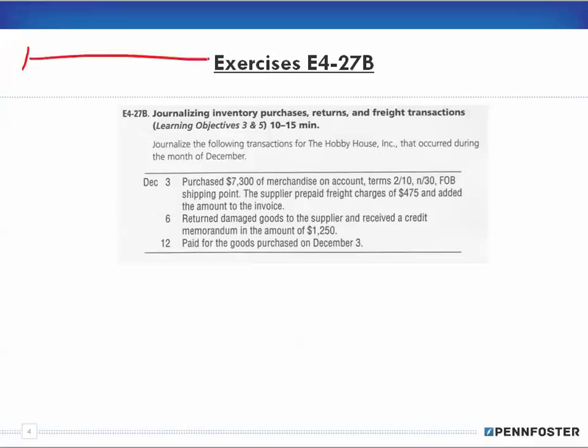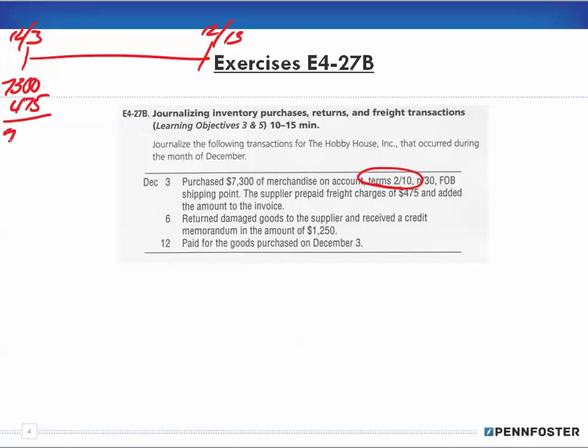First of all, I'll create a timeline, because I'm dealing with terms. On 12/3, there's a purchase of $7,300 for merchandise, and the terms are 2/10. So 10 days from 12/3 is 12/13. It's FOB shipping point, and the prepaid freight charges are added to the amount of the invoice, so that's an additional $475 for shipping.